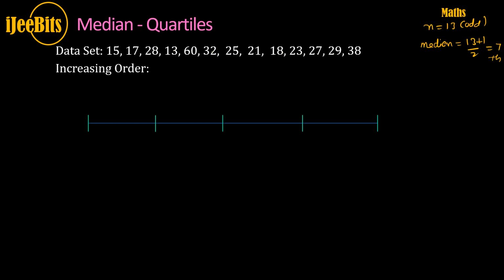Seventh means which one? You don't know this yet, right? We have to put them in order, either increasing or decreasing. In our case we are doing increasing order. So let's arrange them all. 13, I cross 13 and bring it down.